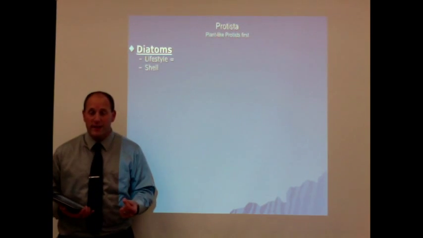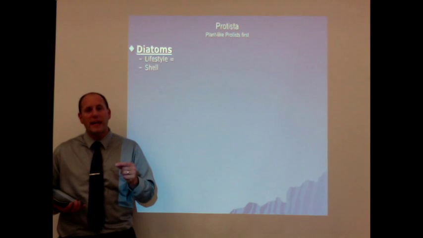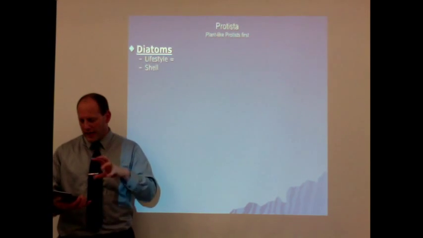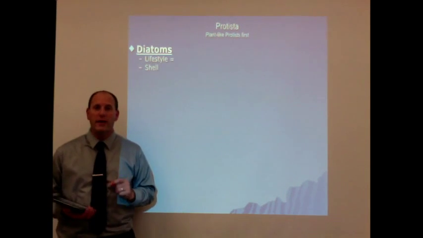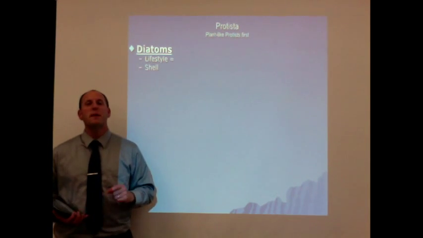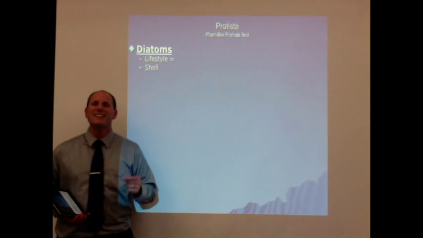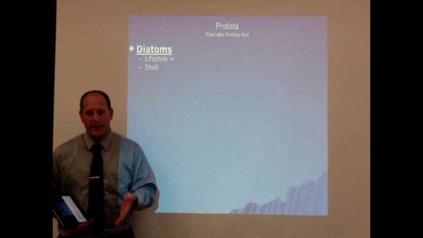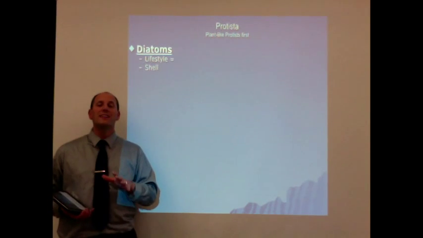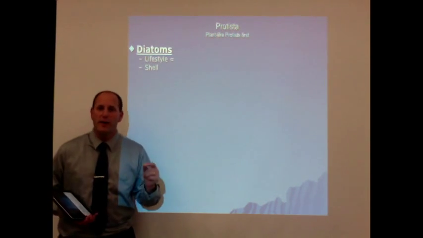They're unicellular organisms. However, they will gather together and make these star-like configurations. Their shell, a very important characteristic for these organisms, is made of silica. Silica is the exact same substance that we use to make glass. There's a very good example in the movie Sweet Home Alabama.